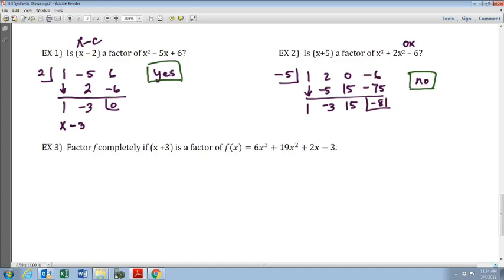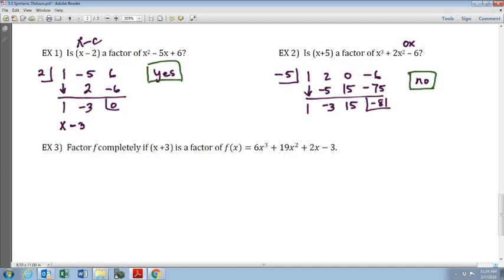All right, so now we're ready to use what we've learned. It's the factor theorem that we really care about for what we're going to be doing for the next day or two. So let's look at example 3. This is the type of problem we need to be able to handle.